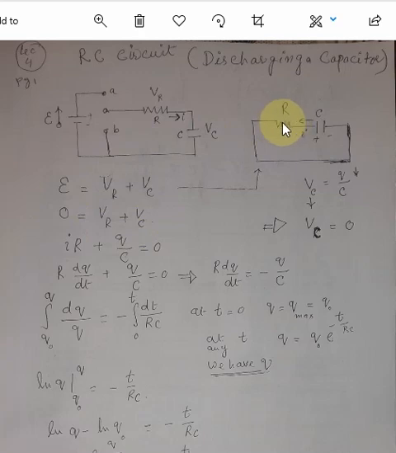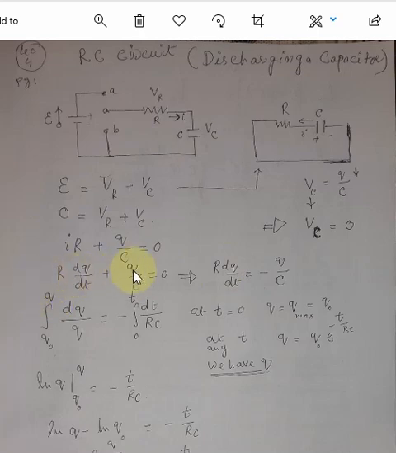This is the voltage across the resistor R. The resistor R is having the resistance R, and it is carrying the current I, so the voltage drop is IR across R, and it is Q over C across the capacitor having capacitance C, and this must be equal to 0 because our E in this case is 0. Further, I is replaced by dq by dt, and all the rest is the same.